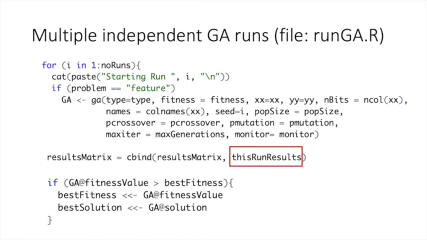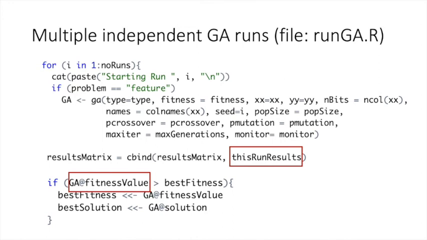Finally, we want to note the best solution produced by the GA, or the genetic algorithm, across all the different runs, because we want to know the best ever produced. So we extract the best result produced at the end of all the generations in the present run by looking at the variable GA @fitness value.